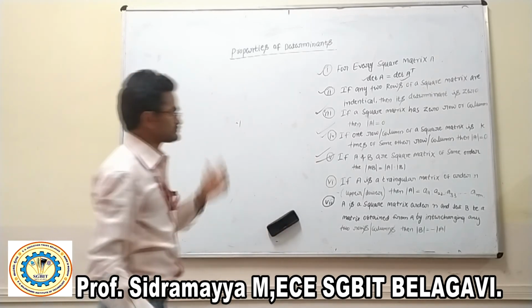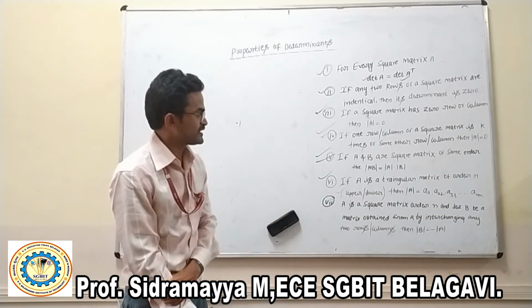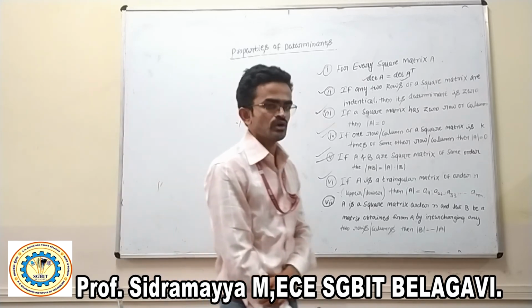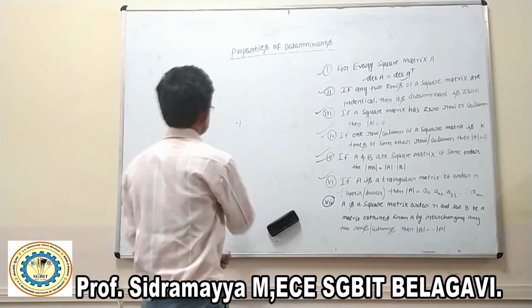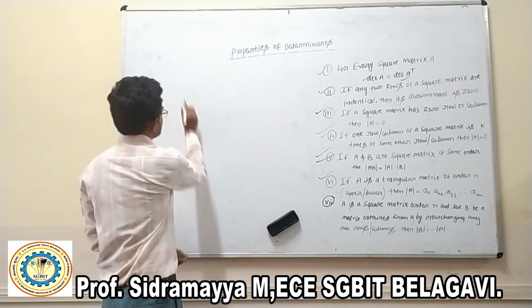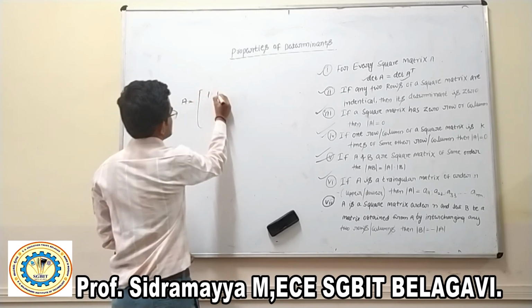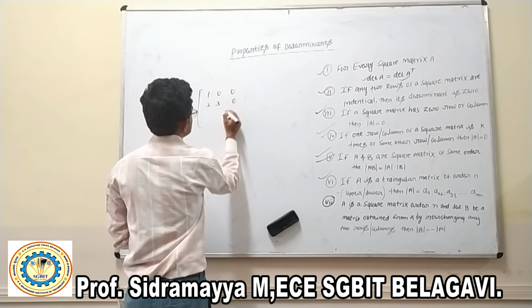Then consider the next one. If A is a triangular matrix of order n, upper or lower, then its determinant is equal to the multiplication of the diagonal elements. I consider here an upper triangular matrix. Matrix A: 1 0 0, 2 3 0, 1 2 1.